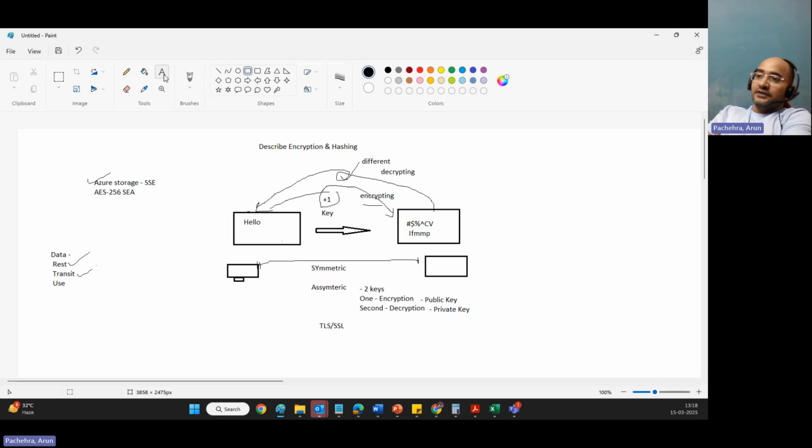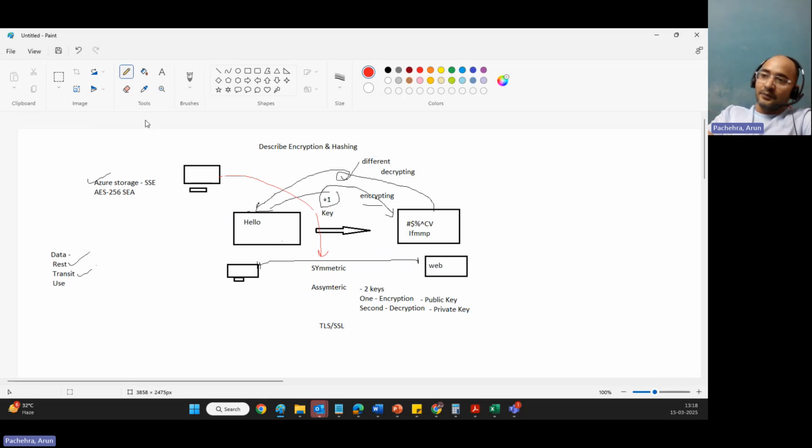So if this guy is accessing the web server from here, what is the risk if this is not encrypted? Somebody sitting somewhere wearing maybe a black hat, right? So what it will do, it will try to intercept this data in between.